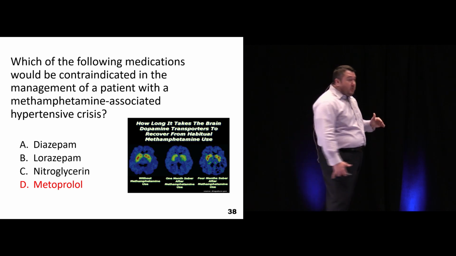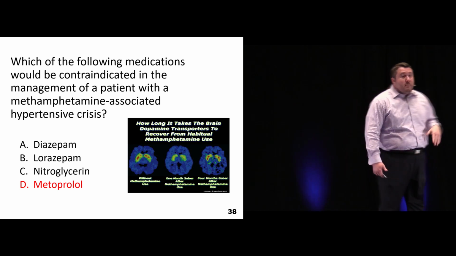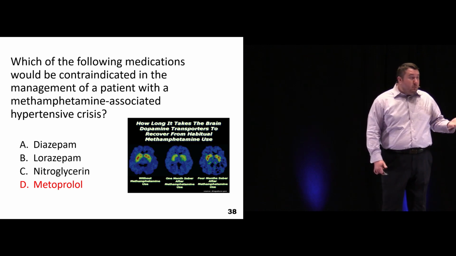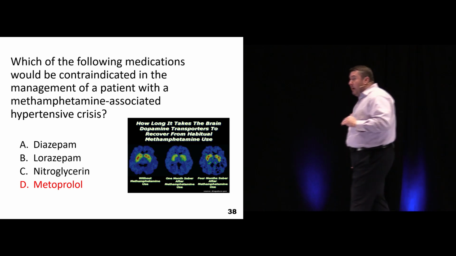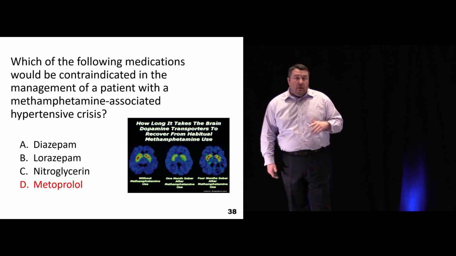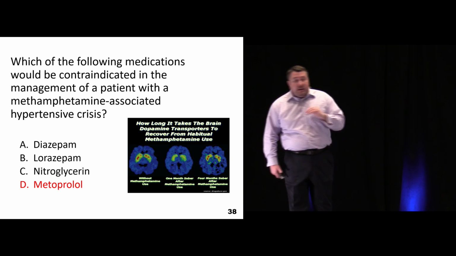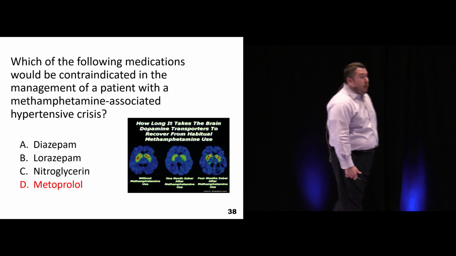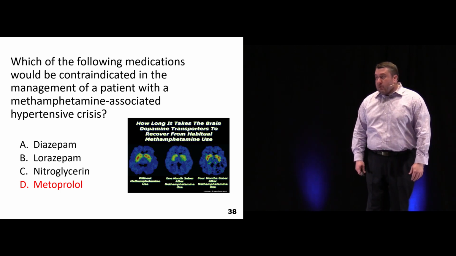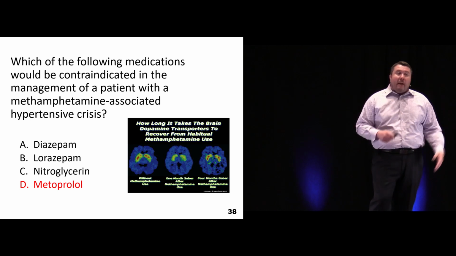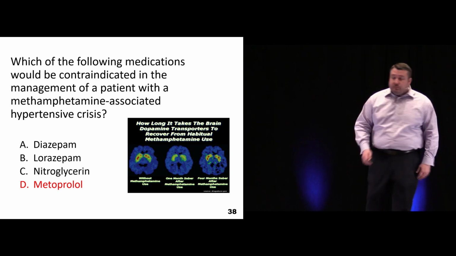So usually a benzo is my first-line agent. We may give vasodilators like nitro. If we need to give a beta blocker, we'll probably go with something like labetalol, so it gives us both alpha and beta blockade, but not a pure beta blocker like metoprolol, because that will leave alpha unopposed, and it may make their hypertension much worse.